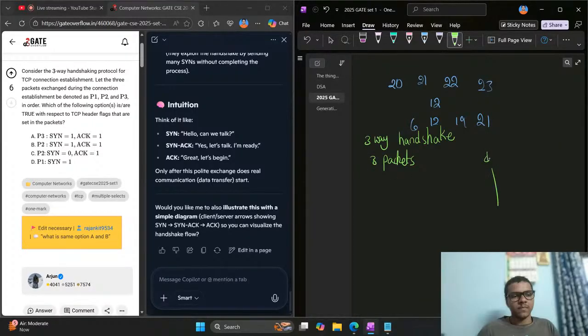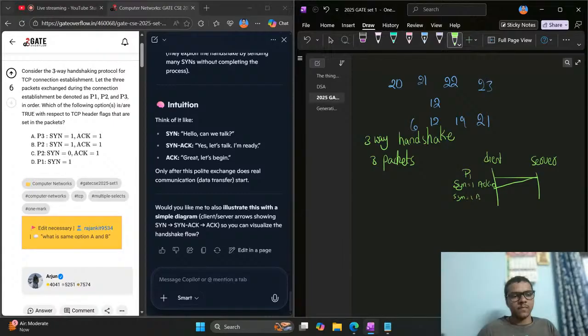Let's say this is the client or machine 1, this is the server, machine 2. Packet 1, not acknowledged yet, right? And the server will send a response.